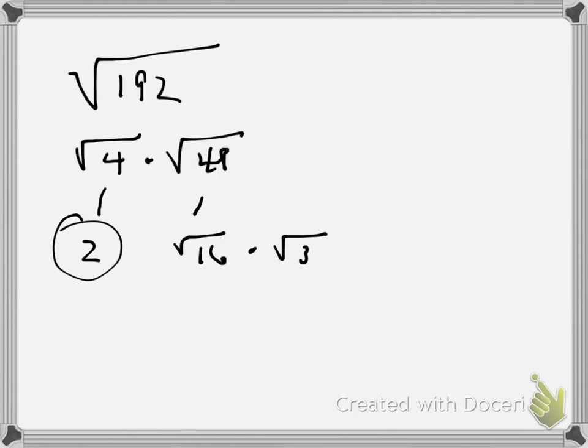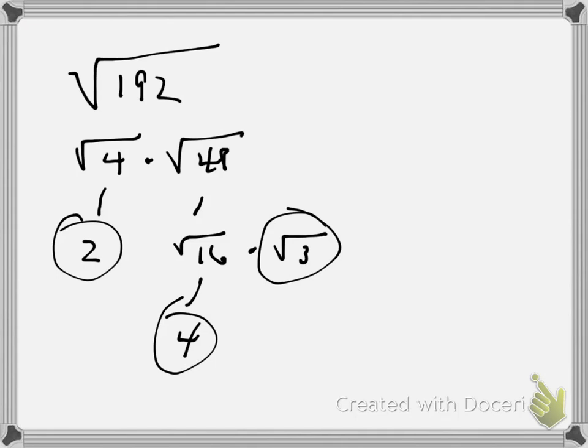If you didn't know that off the top of your head, you probably would have said, well, 4 goes into 48. You could have done radical 4 times radical 12. Then you would have had to simplify the radical 12 because you could pull another 4 out of that. In this case, the square root of 16 I know is 4. Now I have radical 3. I have no perfect square factors I can pull out of radical 3, so that radical 3 stays what it is.